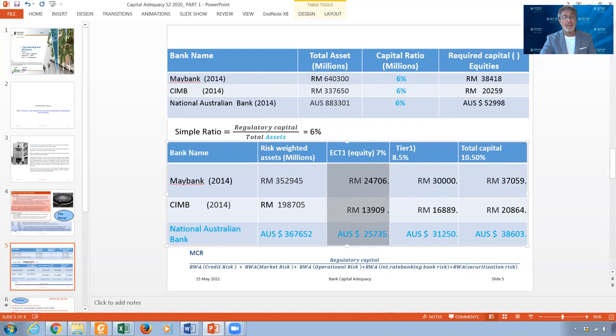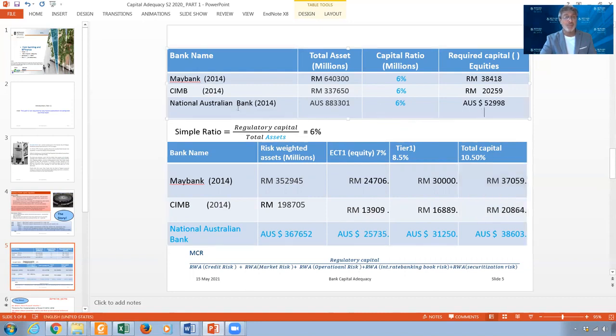if you take the equity or if you take the total capital, you will find that Maybank actually has dropped a little bit when they introduced this. CIMB was increasing, but they were having big improvements in the equity. But in the total capital, which is the requirement now of Basel, it is less.